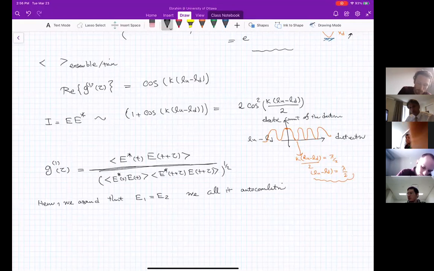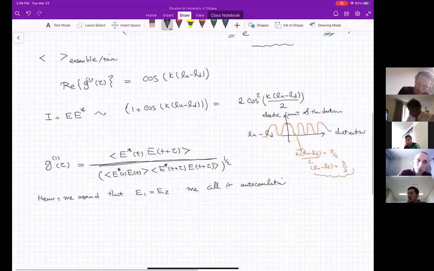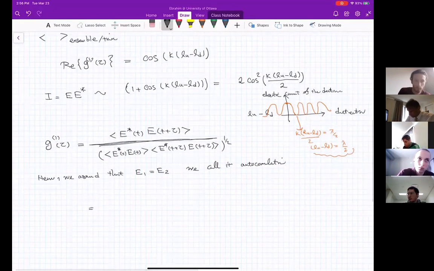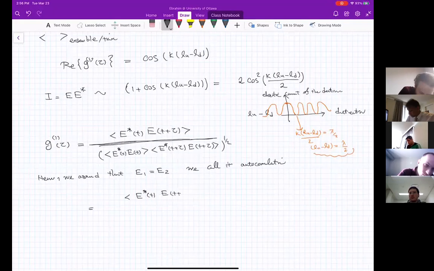So that's an autocorrelation of the electric field E. And in this case, it will be even much simpler. So you will get E star of T, E of T plus tau. And we know that the average of intensity at different times is the intensity by itself. So you may write it as E star of T, E of T. That's all.